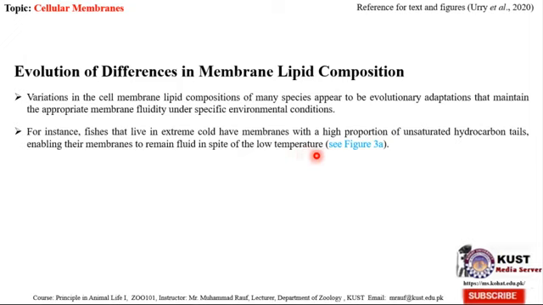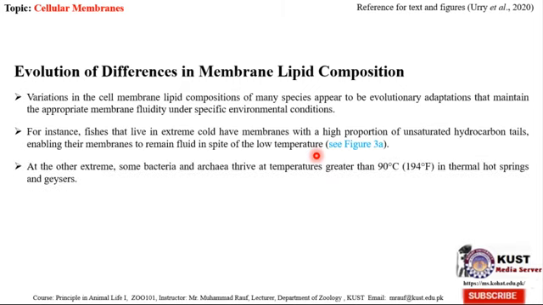So when there is a kink in the phospholipid tails, it increases the fluidity and the permeability, because it pushes the adjoining phospholipid tails. So where the organism is living in extreme environmental conditions like extreme cold, their membranes have a higher proportion of unsaturated hydrocarbon tails.